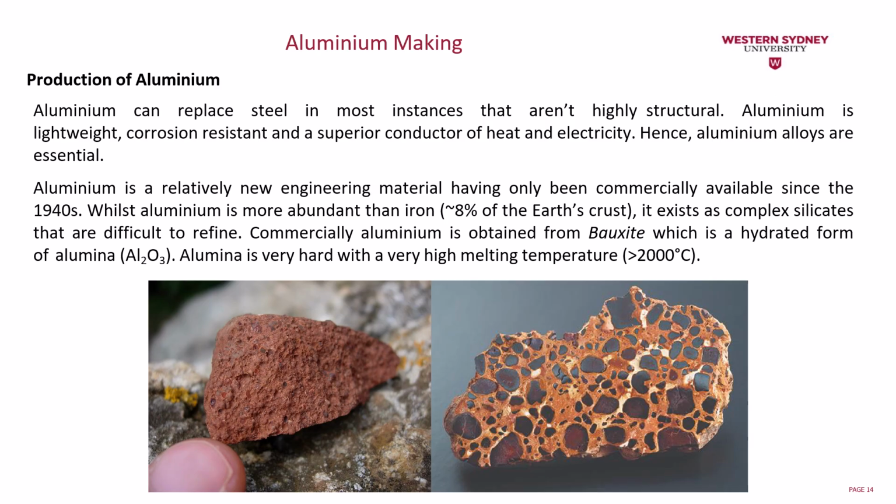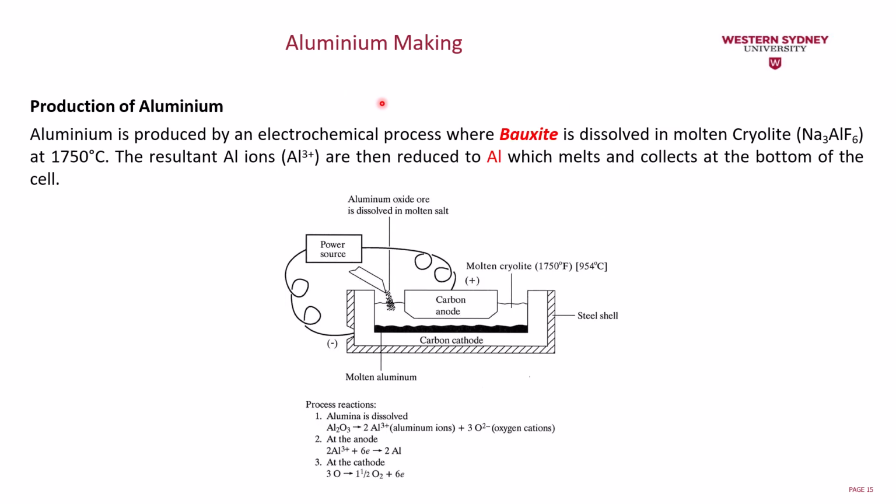Alumina is very hard with a very high melting temperature, about 2000 degrees. So aluminium is produced by an electrochemical process where the bauxite is dissolved in molten cryolite at 1750 centigrade. The aluminium ions are then reduced to aluminium, which melts and collects at the bottom of the cell.